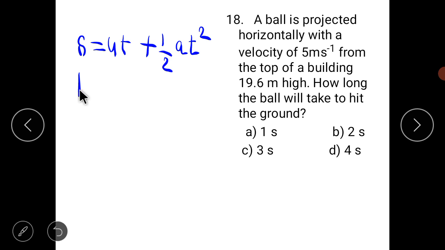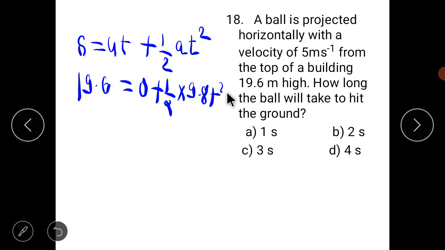So it is 19.6, this one is 0, plus half into 9.8 t square.